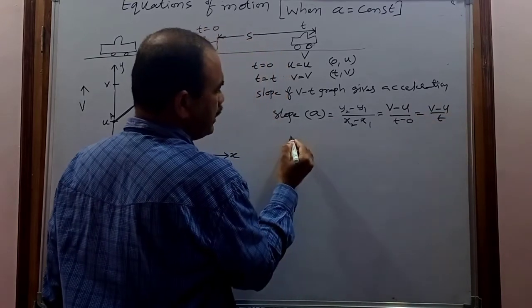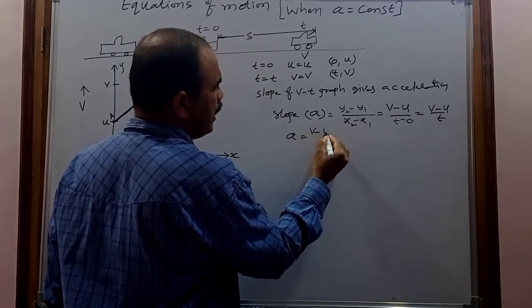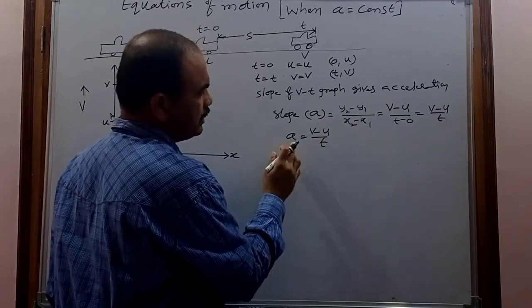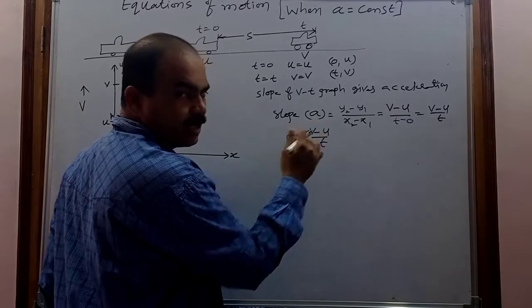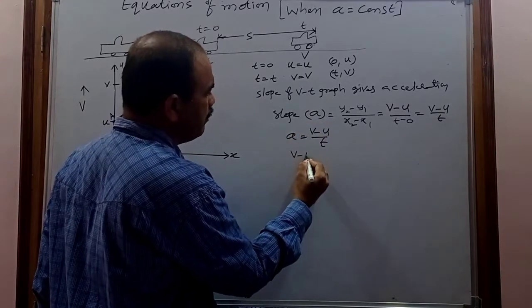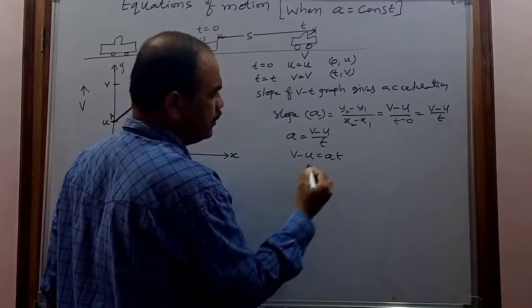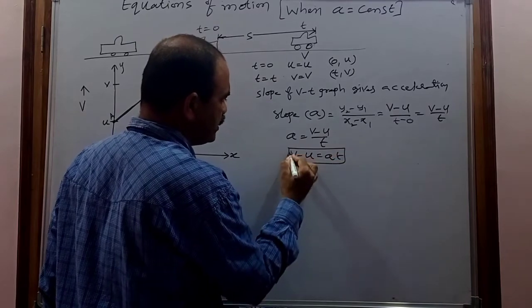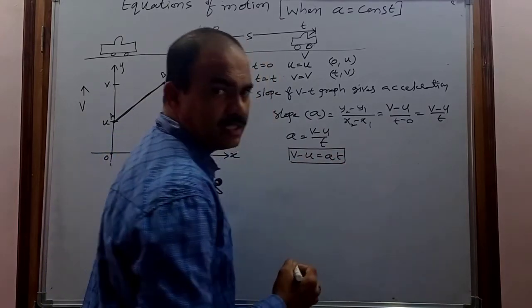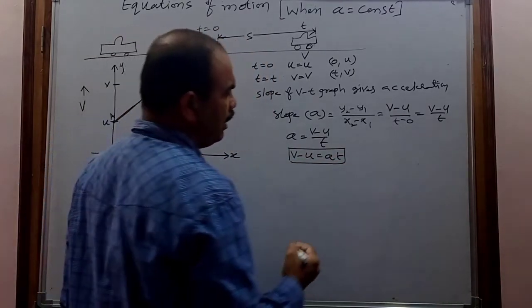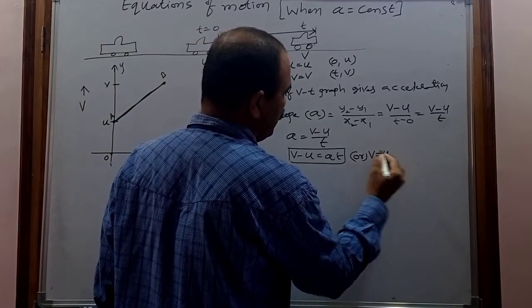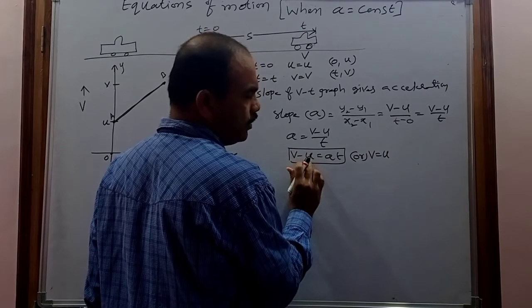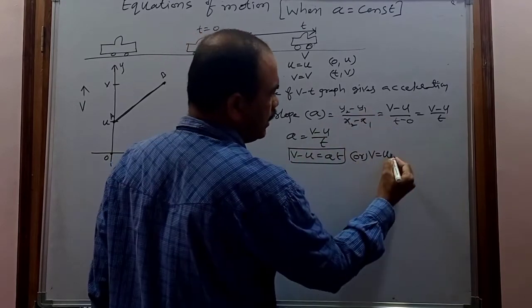So what is acceleration? The acceleration is nothing but v minus u by t, that is, change in the velocity over the change in the time. So when you do the cross multiplication, what do you get? You get v minus u equal to at. So this is called the first equation of motion. Or it can be written as v equal to, when I bring the minus u to the right side, u plus at.